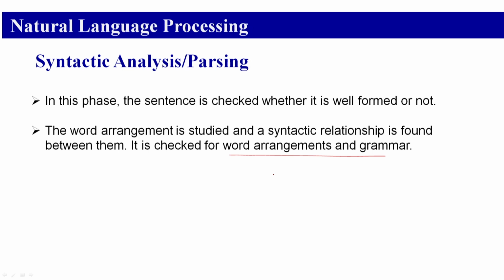So, word arrangement is studied and the syntactic relationship is found between the words, and this word arrangement is based on the grammar as well as syntax, right? Therefore, syntactic analysis is also called parsing. In this case, a sentence, or a phrase, or a small part of a sentence is checked for whether it is well formed or not. That is what you should understand.